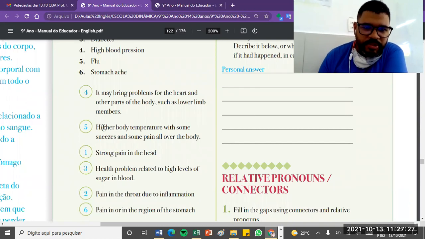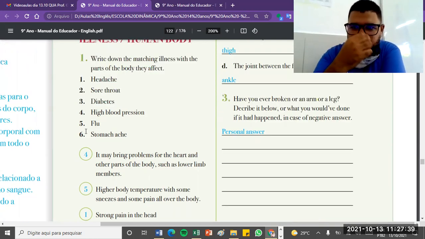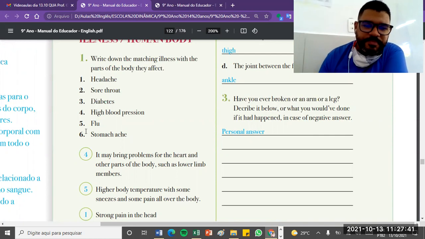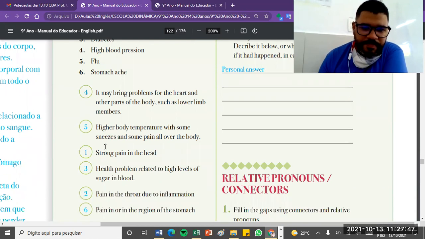And on the second one, higher body temperature with some sneezes and some pain all over the body. We are talking about flu. Sneezes is like this. When we have a not comfortable problem on our nose, all right?